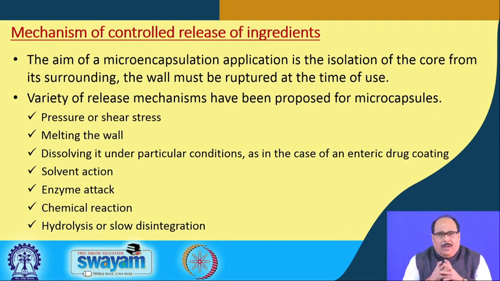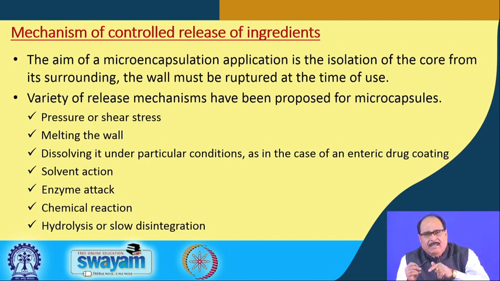So, after studying the microencapsulation process and its use in food industries, another important aspect is to know the mechanism of controlled release of ingredients, because in this process the bioactives or ingredients are coated with certain materials to provide them stability.